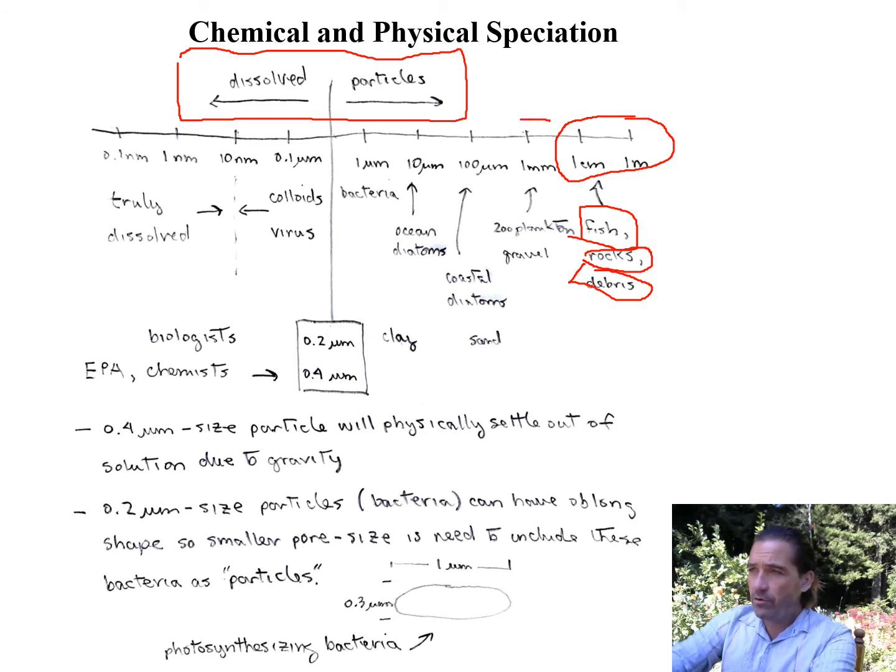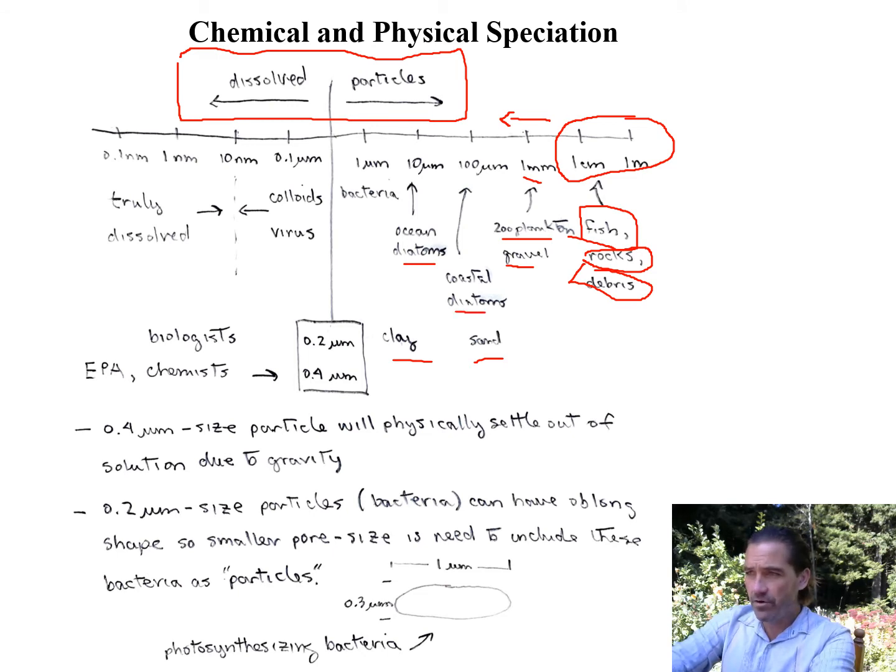But as we go to smaller and smaller size fractions, say 1 millimeter, now we're looking at small animals like zooplankton or gravel, and then we start getting into clays and sands or diatoms, small algae.